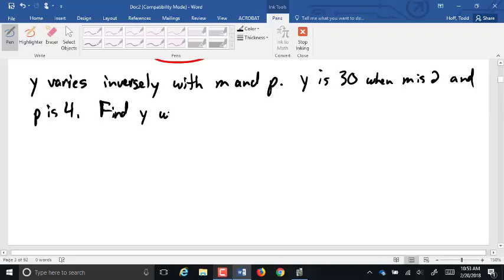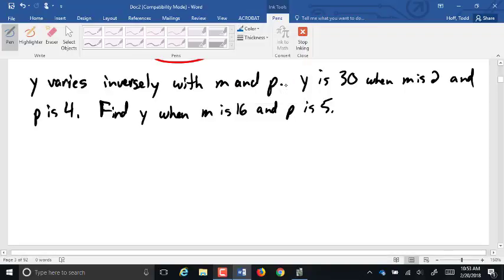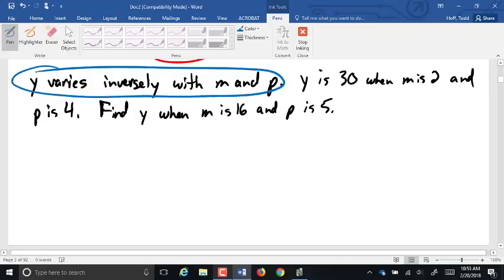Find y when m is 16 and p is 5. Yep. So y equals k over m times p, or k over mp.